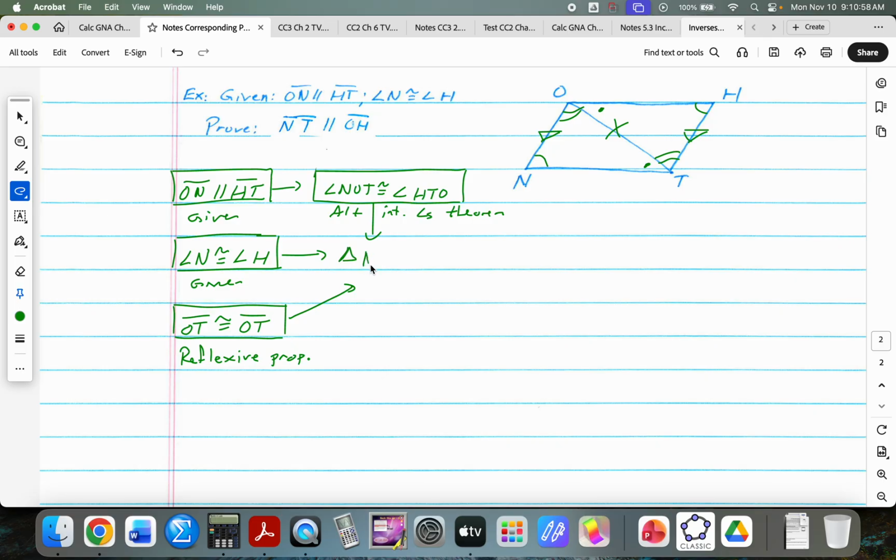Triangle NOT congruent to triangle HTO. Who can tell me what reason that would be? Angle side angle.